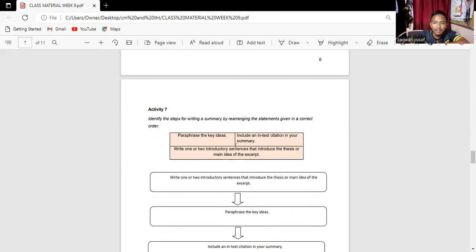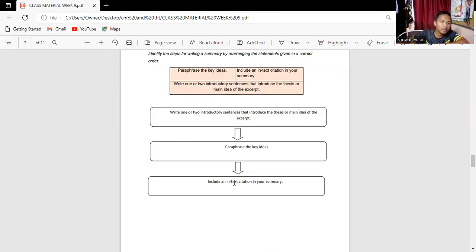Paraphrase the key idea, include an in-text citation in your summary, write one or two introductory sentences that introduce the thesis or main idea of the excerpt. Okay, number 1 is write one or two introductory sentences that introduce the thesis or main idea of the excerpt.